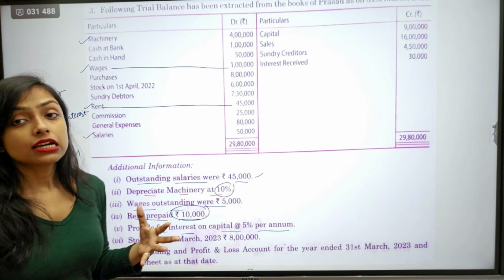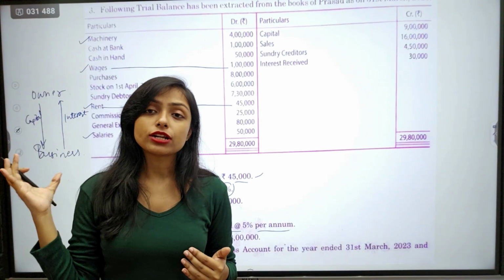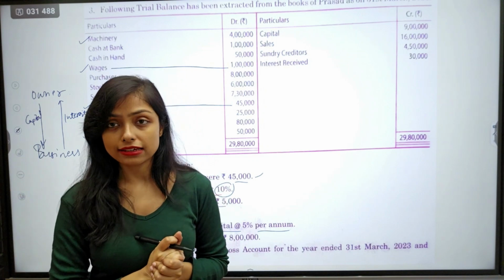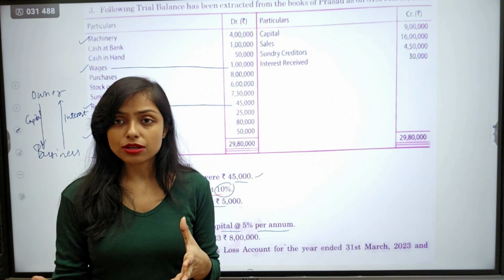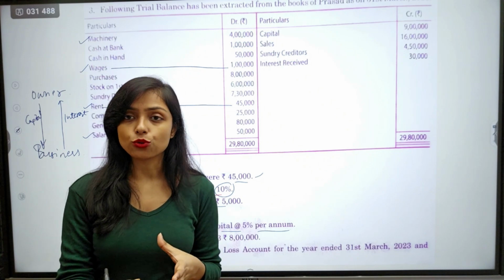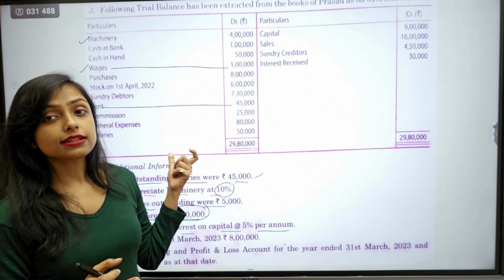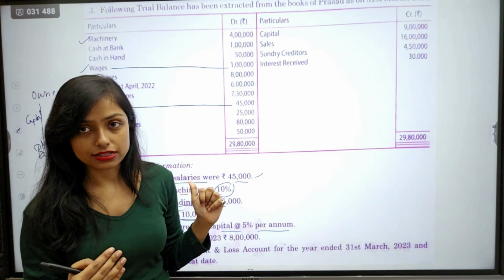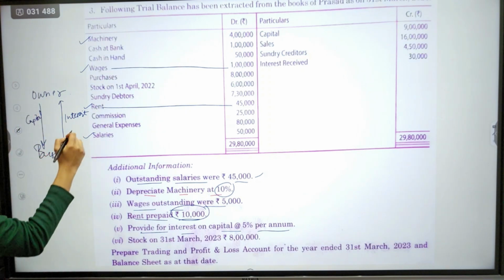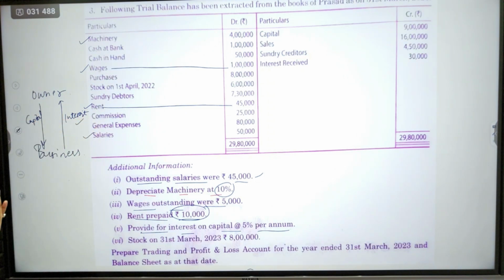Because imagine, instead of the capital, the business would have taken a loan from the bank. In that case also, the business would pay some interest to the bank because it has taken the loan. So now, since it has taken some funds from the owner, it again has to pay some interest.